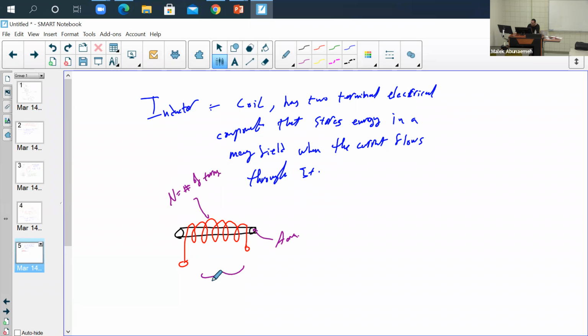The distance between them is L, for your length, and your current, let me get a different color. Let's say your current flows through over here, and between them you get a voltage.